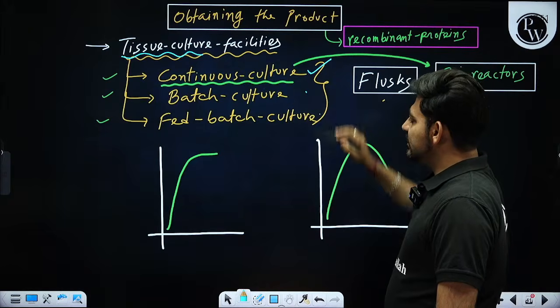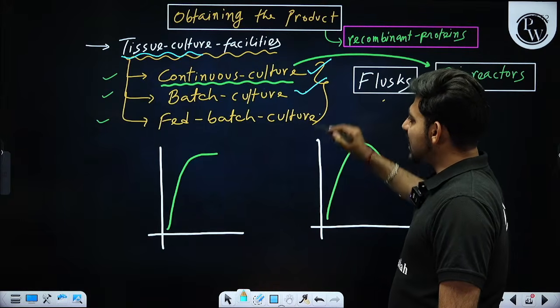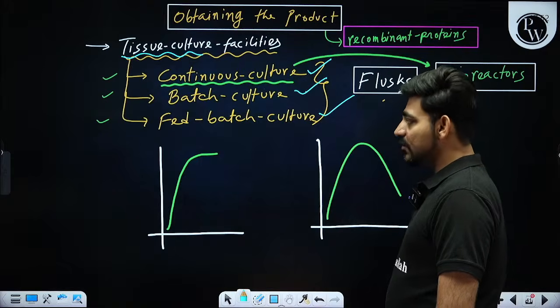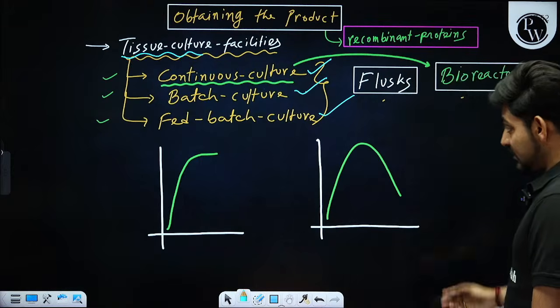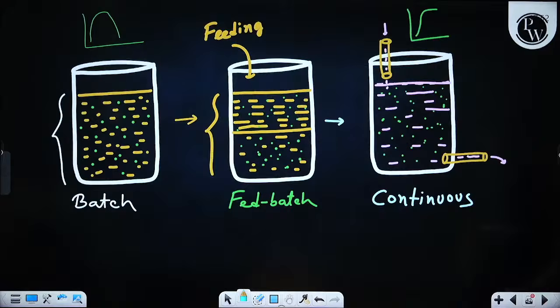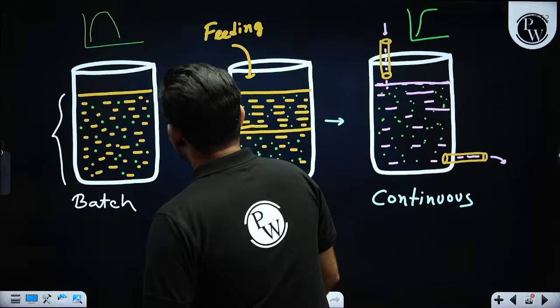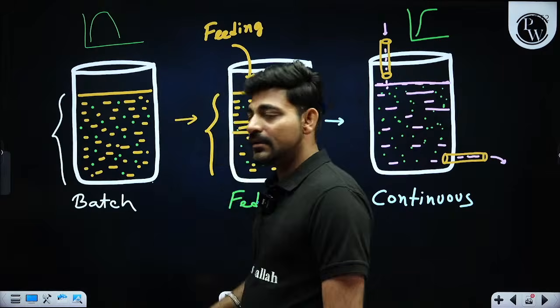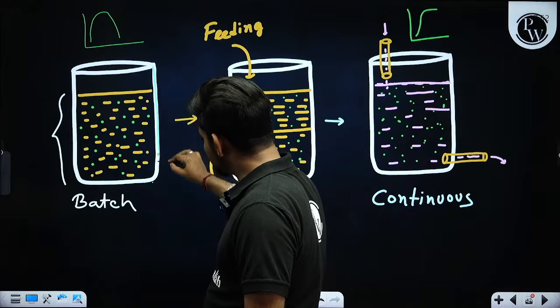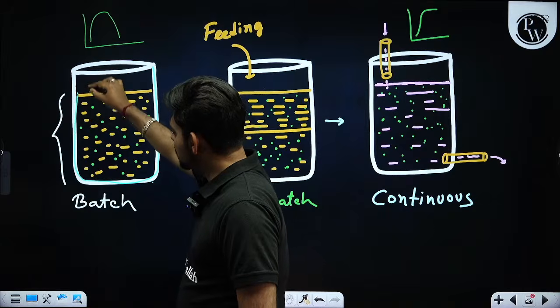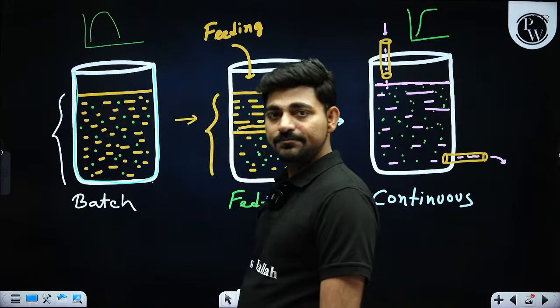One is continuous culture, another is batch culture, and the third one is fed batch culture. Now what is the difference between continuous culture, batch culture, and fed batch culture? See, batch culture is basically a closed system.